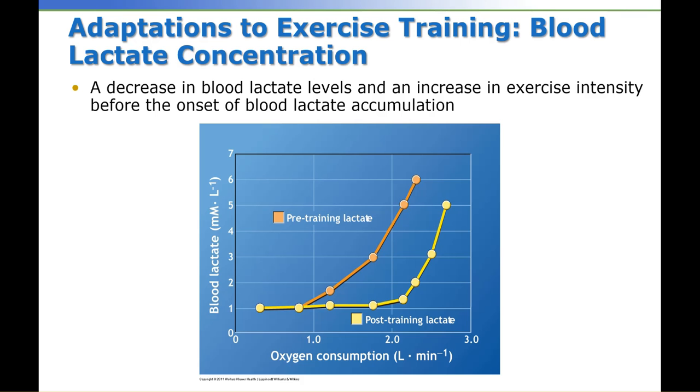It takes longer for OBLA to occur with trained individuals, and the lactate for pre-trained individuals starts more quickly, okay, because these trained individuals aerobically use fats more efficiently until there is a need to use that lactate, which is the carbohydrate. And that's because the lactate accumulation occurs as intensity of activity increases, but that's relative to the person's training level.